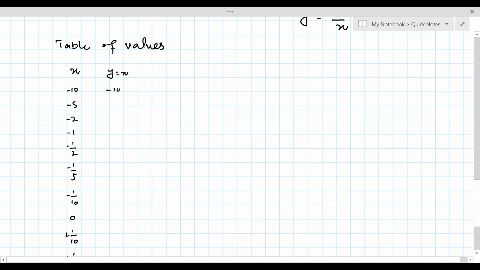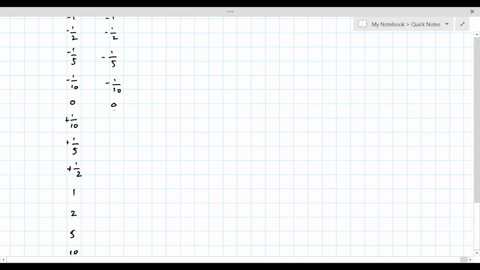So this will be -10, -5, -2, -1, -1 by 2, -1 by 5, -1 by 10, and 0, and similarly 1 by 10, 1 over 5, 1 over 2, 1, 2, 5, and 10.